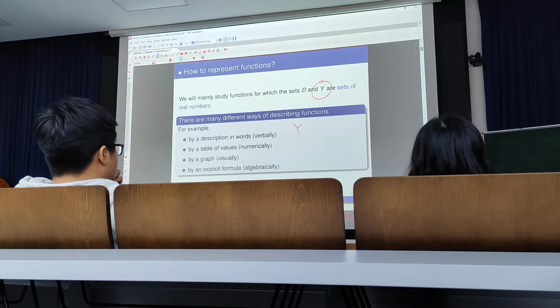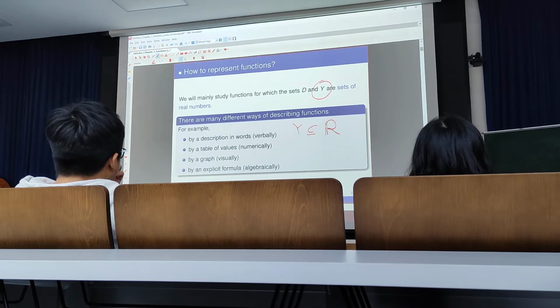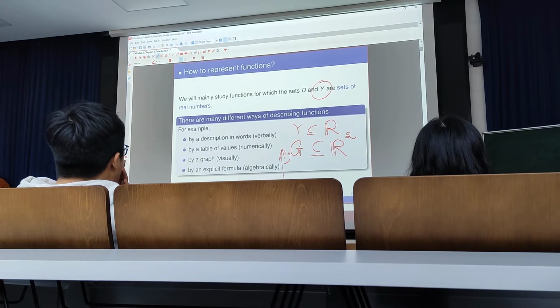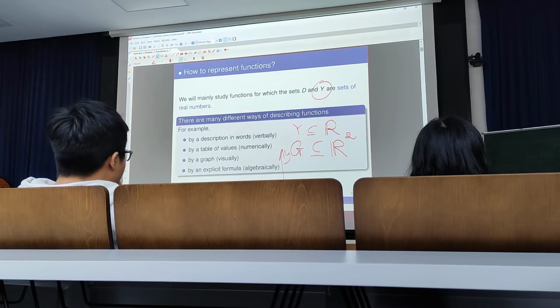Thì là y này là a subset of R. This is f(x) here. But when we talk about the graph, this is a subset of R². R² is the xy plane. Như vậy graph nói về đồ thị đã là một tập ở trong R² là hai chiều.